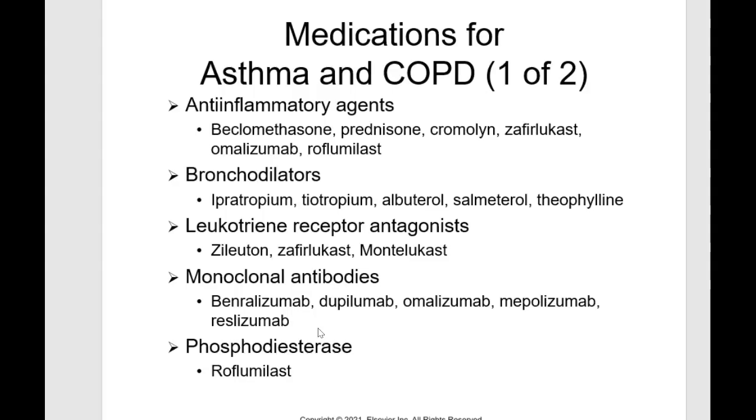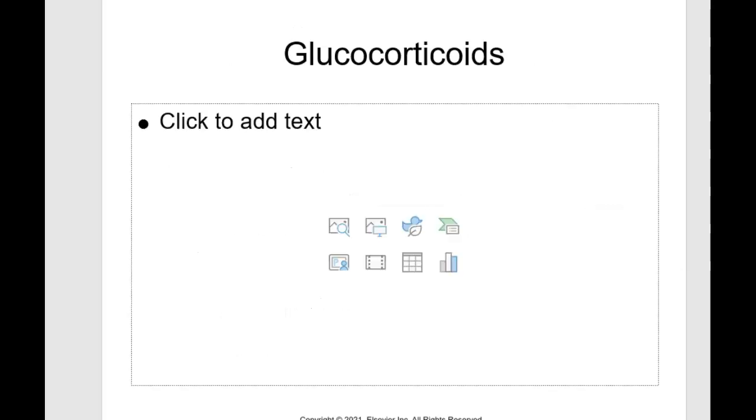That's how you get your bronchodilation and relieve your bronchospasm. The beta-2 agonists can be administered orally or by inhalation.